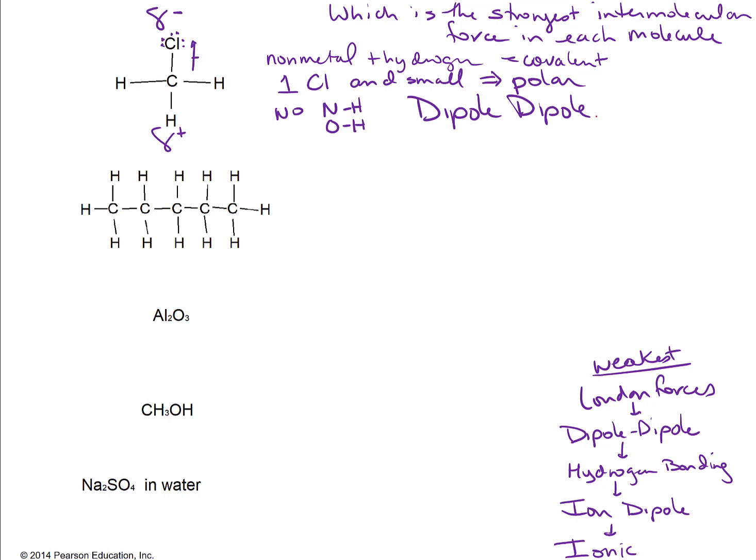All nonmetals and hydrogen, so you know that it is covalent. Is there any electronegatives? Nitrogen, oxygen, fluorine, or chlorine? No. And if there's none of these, then that means it is nonpolar.